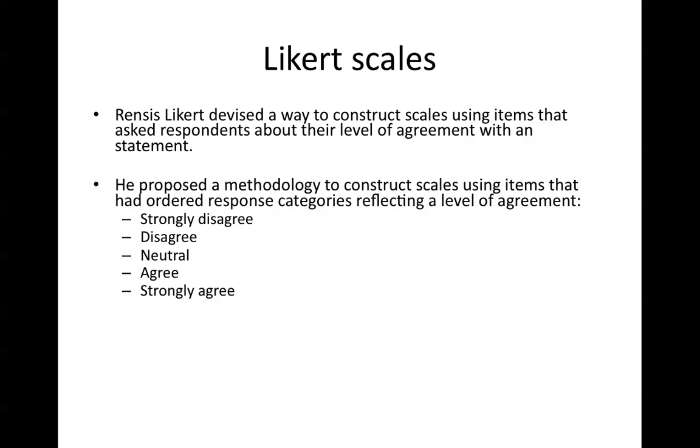But just so you know, there's a lot of scales that look like Likert scales, but the only true Likert scale will be a scale that has strongly disagree, disagree, agree, and strongly agree. The neutral category, you can take it or leave it. We'll get more into that in a minute. But truthfully, a Likert scale is only a scale that includes those four items: strongly disagree, disagree, agree, and strongly agree. And they have to be ordered in such a way that they reflect the level of agreement.